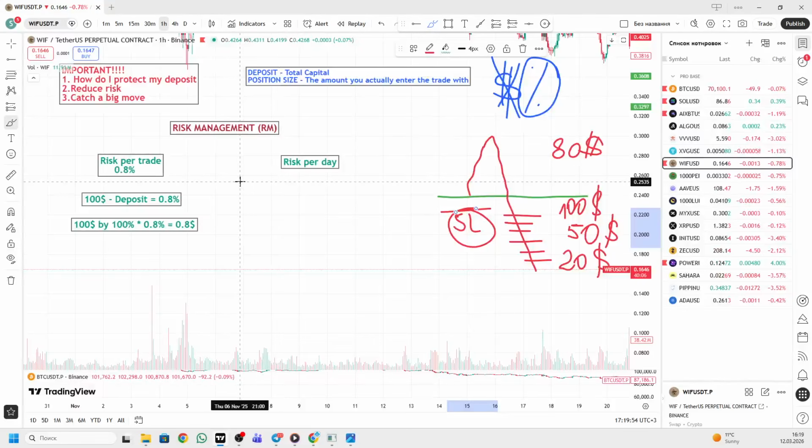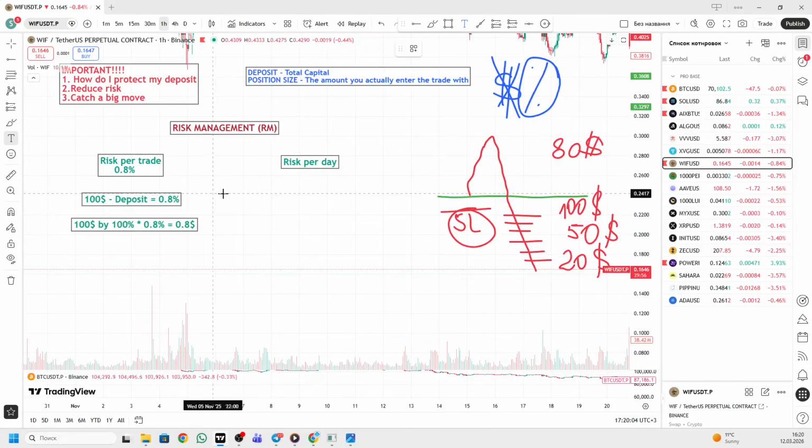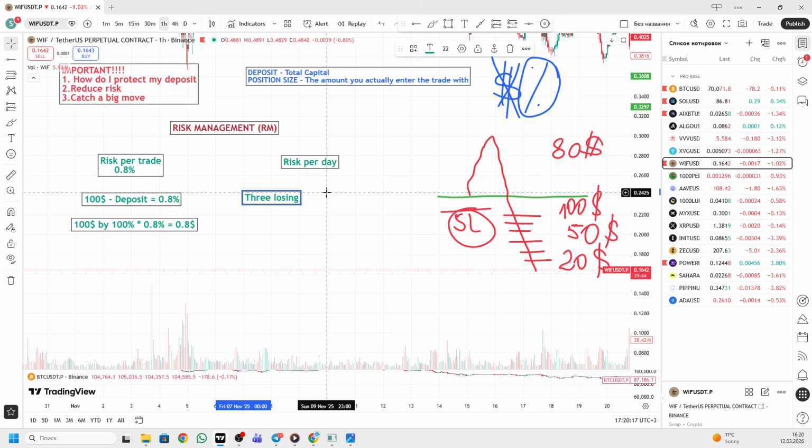So look guys, here is rule number 1. 3 losing trades, stop trading. This is important as well. I want to write it down here. 3 losing trades in a row.